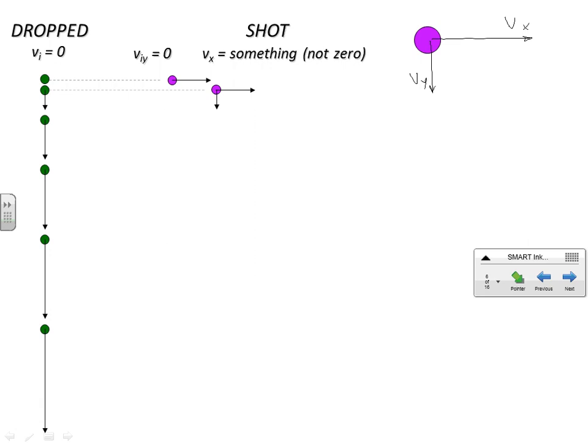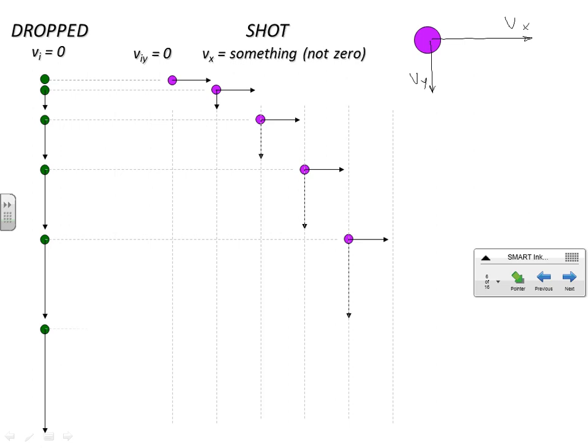So as time goes on, this object vertically is exactly the same as something that's dropped. Horizontally, it just happens to keep moving sideways at a constant speed the whole time it drops.